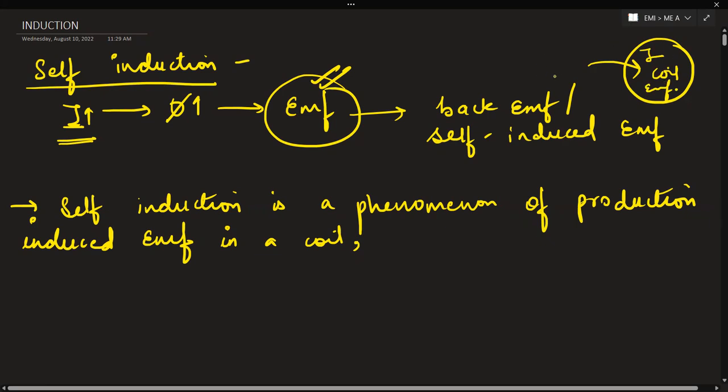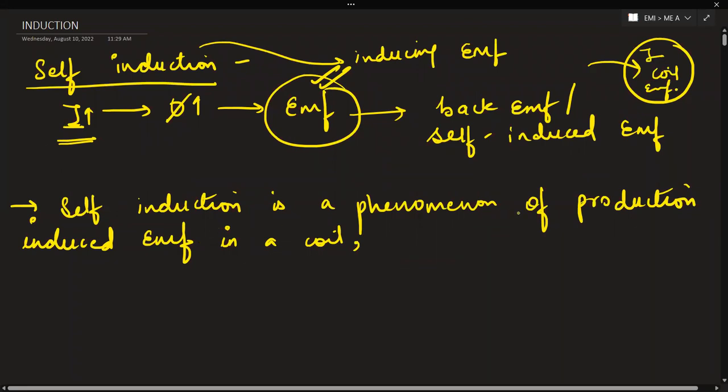So that's why this is self-induction. You don't need another coil for induction. Induction means what? Inducing EMF. So EMF is induced because of the change in current.